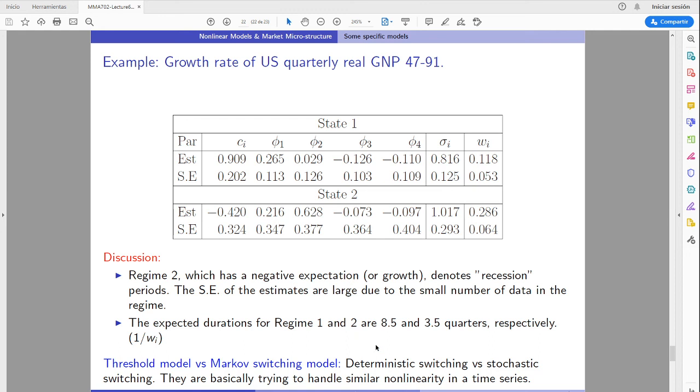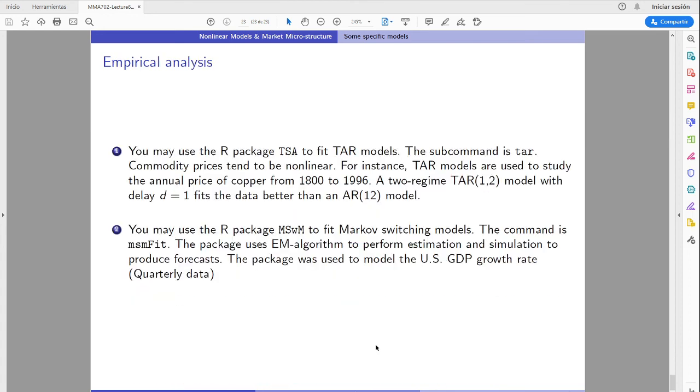So these two approaches are basically deterministic versus stochastic. They're basically trying to handle similar nonlinearity in a time series. Which one we will use depends heavily on the information we're given. So, for some empirical analysis, you may use the R package TSA to fit TAR models. The command is tar, and commodity prices tend to be nonlinear.